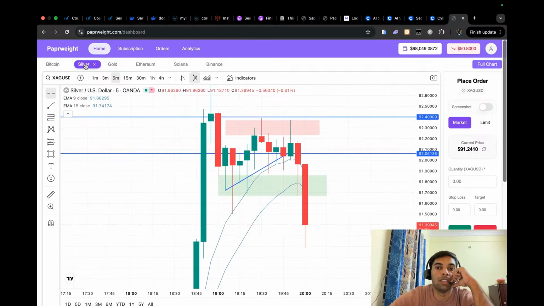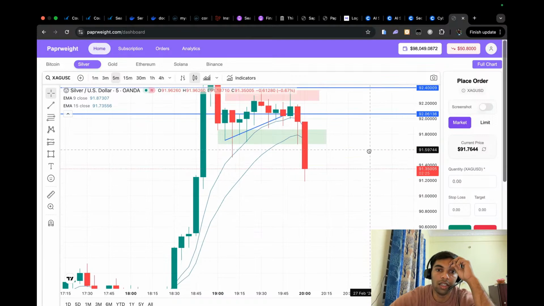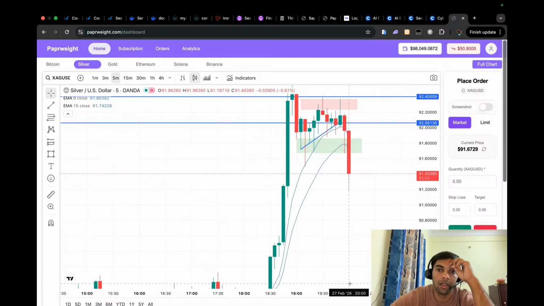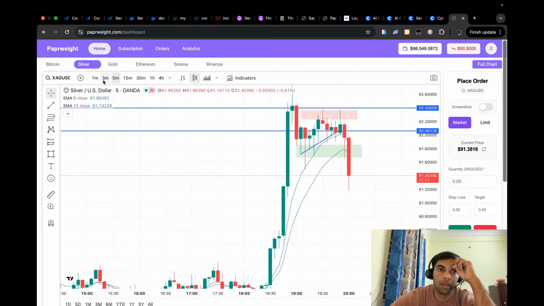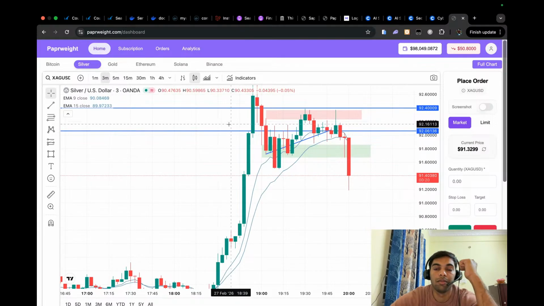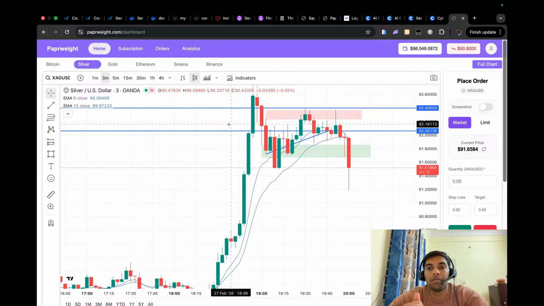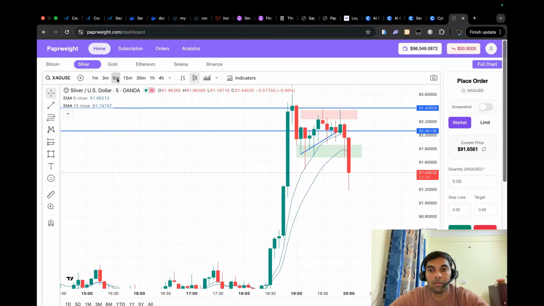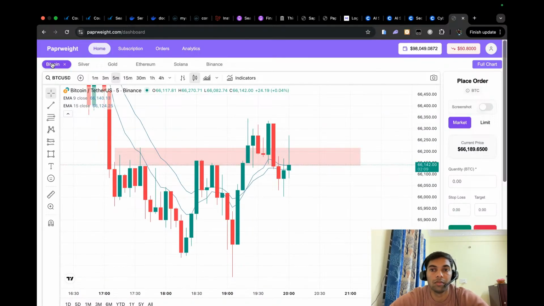Let's see what is happening at silver. Silver crashed. Silver is giving momentum in the downward direction. Crazy. Bitcoin is also taking rejection.